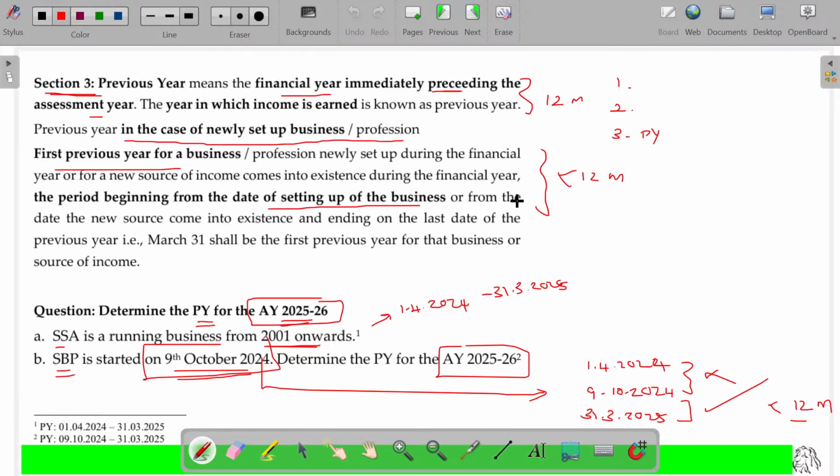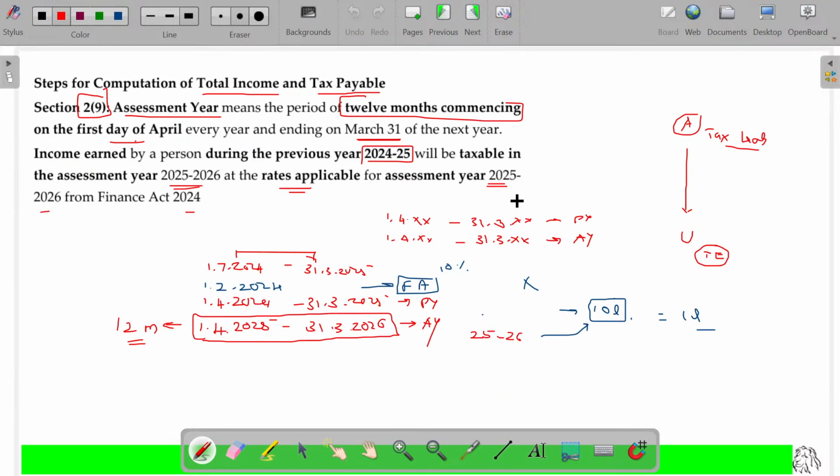So what are the items we have completed here? We started with the steps of computation. If somebody comes to you, assess my tax liability, immediately ask in which period, in which financial year he comes. Any financial year is supposed to be computed; that is called the assessment year. Usually the assessment year will have 12 months.